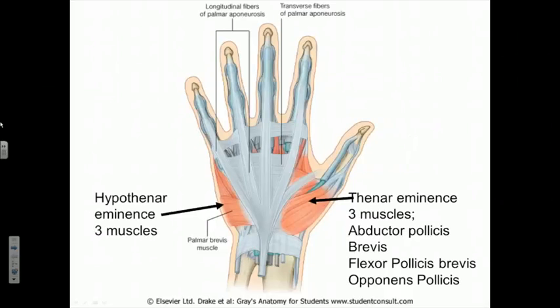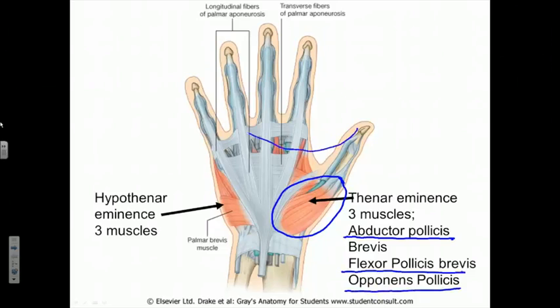First off, at the base of the thumb, as we indicated earlier, but now we're showing, is a prominent pad of muscles called the thenar eminence. And the thenar eminence contains an abductor, a flexor, and a muscle which is acting to oppose the thumb, largely by rotating the first metacarpal to allow the thumb to sweep over and touch the pads or the anterior surfaces of the other four digits.